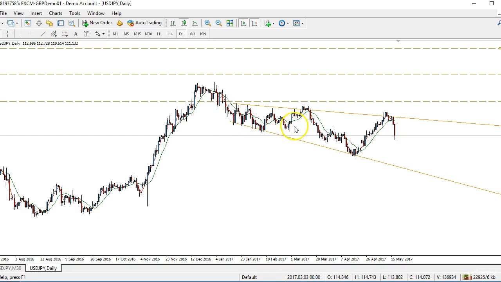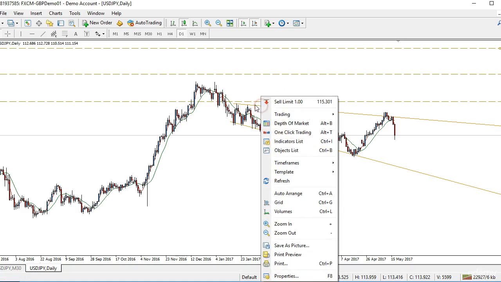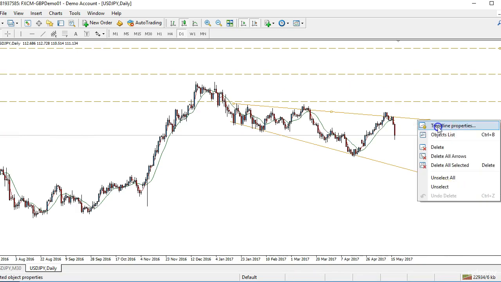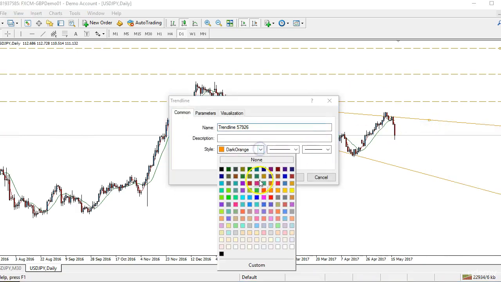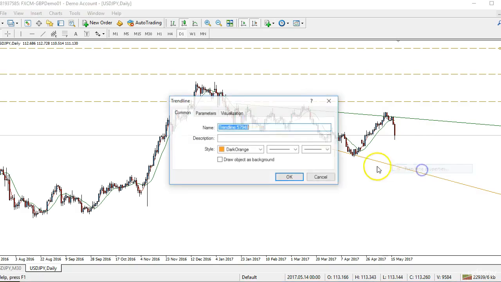And what I do is I colour the lines different colours so that I know the difference at a glance between what is a daily line, what is a monthly line, what is a 30-minute line, and I can see it all on one chart and it's very clear. So these are now my daily lines.